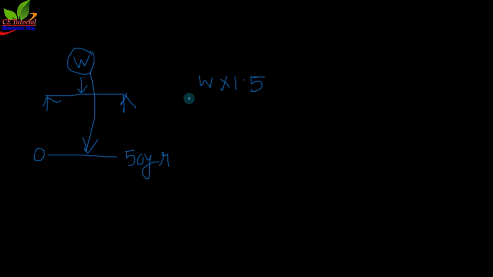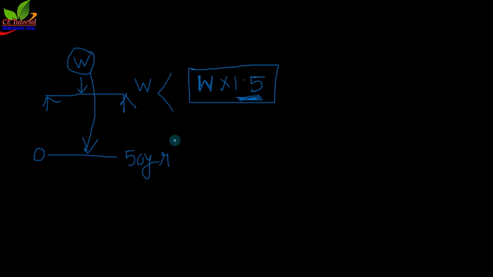So generally we have to assume that the coming load is not actually W, it is greater than this, because we are multiplying a constant which is greater than 1. That means if I multiply this constant with W, it is obviously greater than W, isn't it?